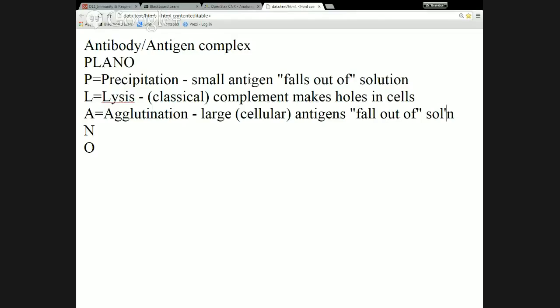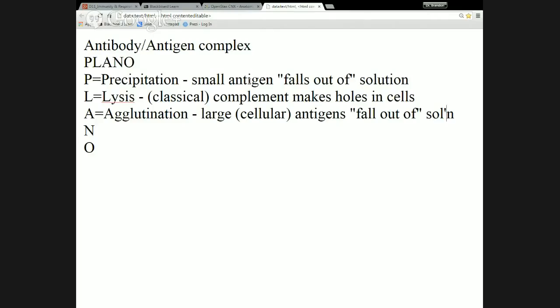This is often thought of as clumping also, and this is what we talked about with blood typing. When you find type A blood with A antibodies in the testing of blood type, agglutination is what happens. Red blood cells are all attached to antibodies, and you get this big clump of cells that you can see in the reaction in the test.